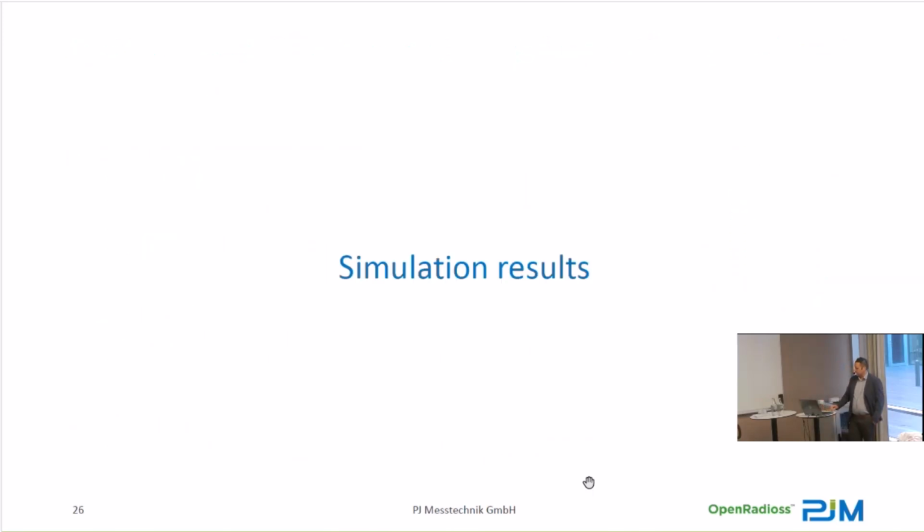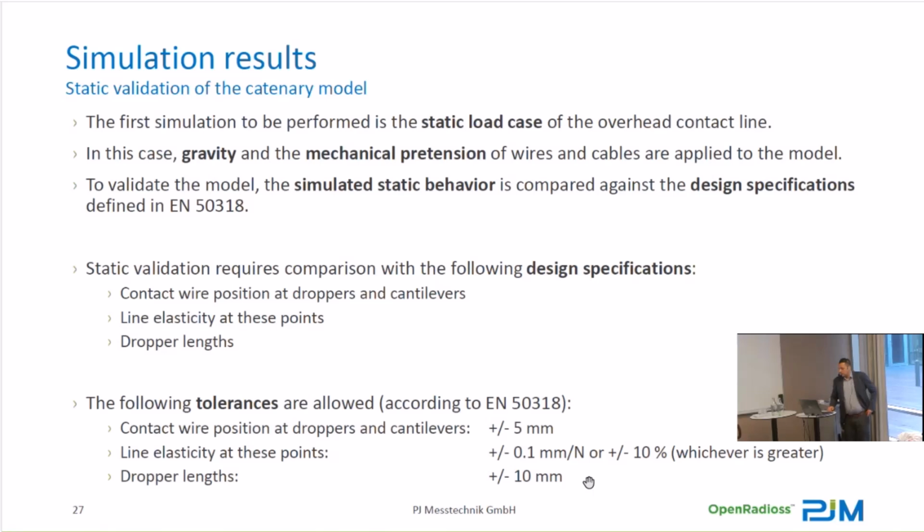If we have a look at the simulation results now, the first result is the static load case. As I told you, you have gravity acting, and then you pull both wires, one with 16 kilonewtons, the other one with 22 kilonewtons. You have to validate your static simulation against the values inside the standard. What do you have to compare?